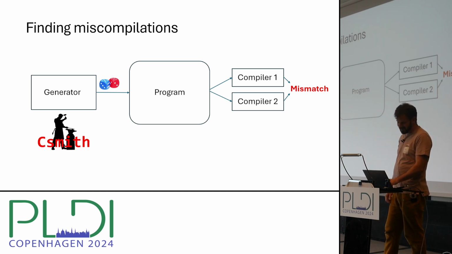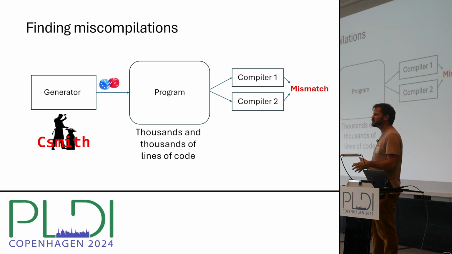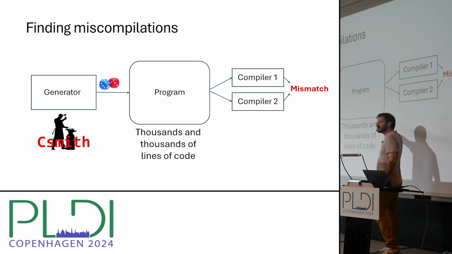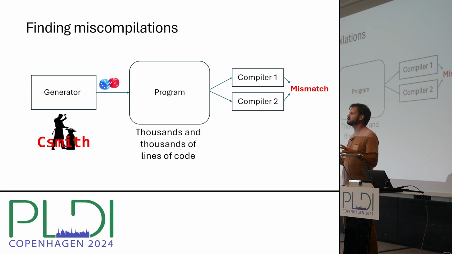But the problem, and this isn't CSmith specific, is that when you generate programs randomly, you typically want large programs to have a good chance of finding bugs. What you end up getting is massive programs, thousands and thousands of lines of code. First of all, you don't know by looking at one of these huge programs which compiler is at fault, so you don't know where you should file a bug report.